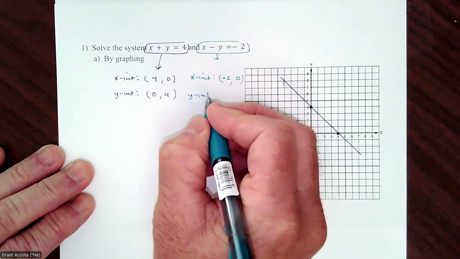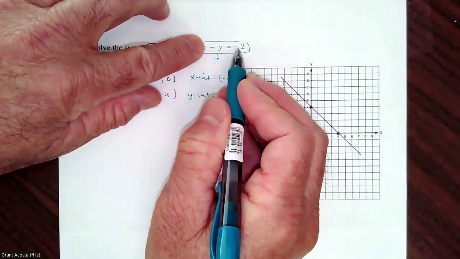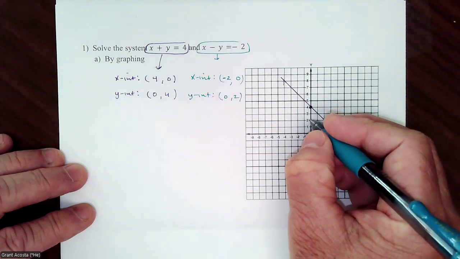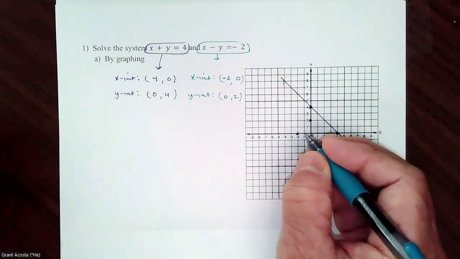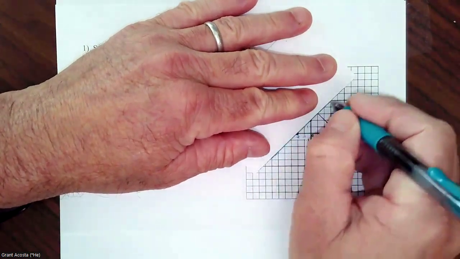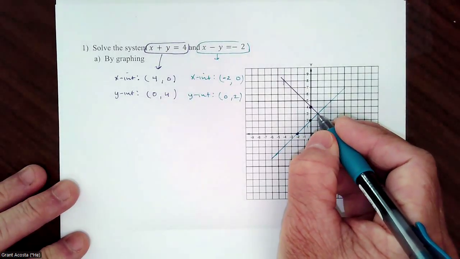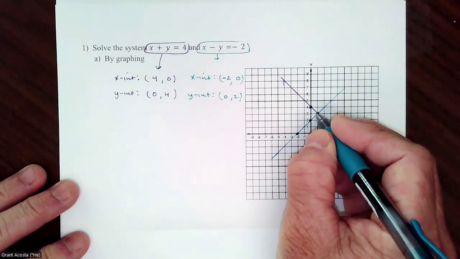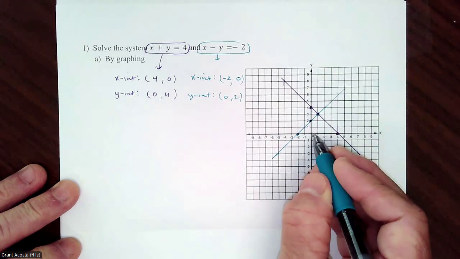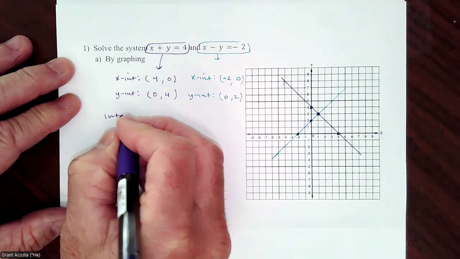And my y-intercept, if x is 0, I'm going to have negative y equals negative 2, which is going to give me positive 2 for y. So (0, 2) is there, (negative 2, 0) right there. If I connect those with a straight line, then we can see there's one point of intersection. And if we graph this accurately, you can probably see that it certainly appears that the intersection point occurs when x is 1 and y is 3.